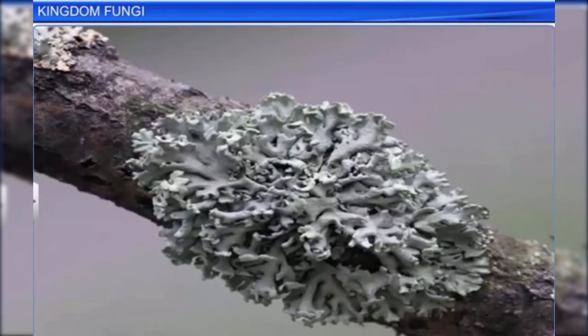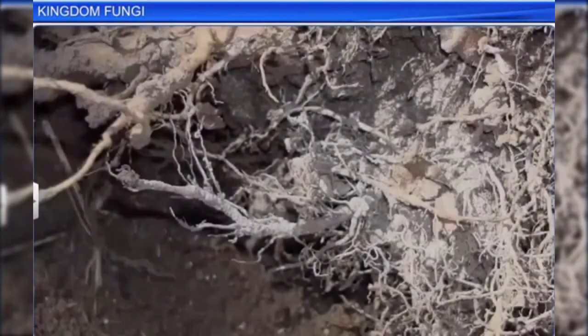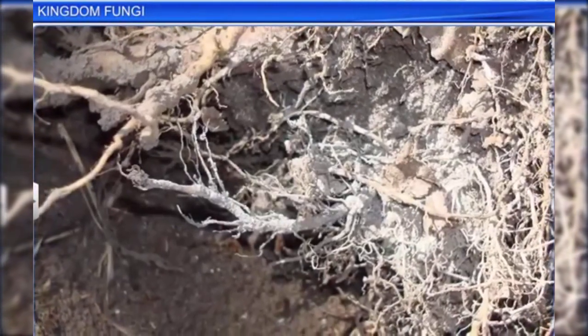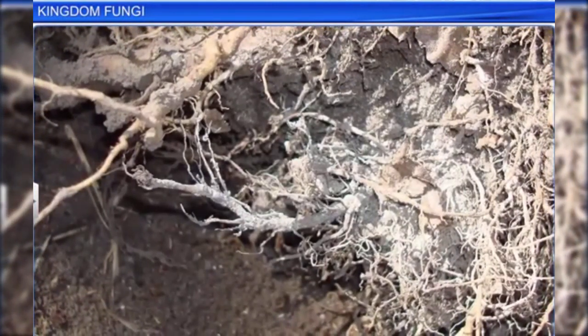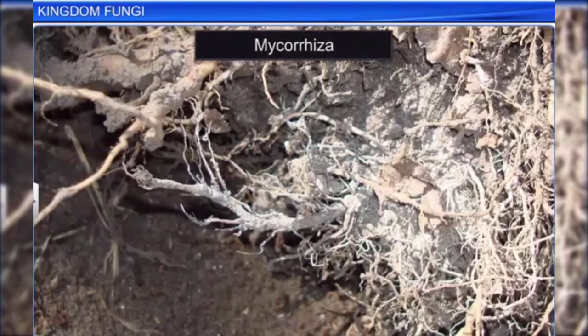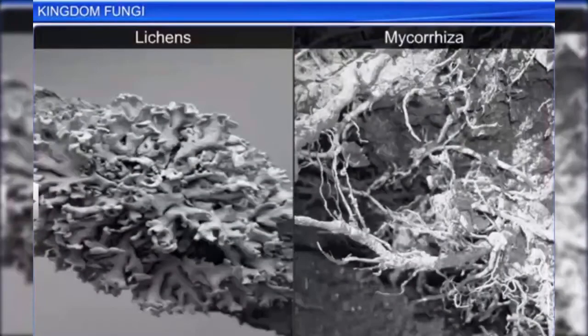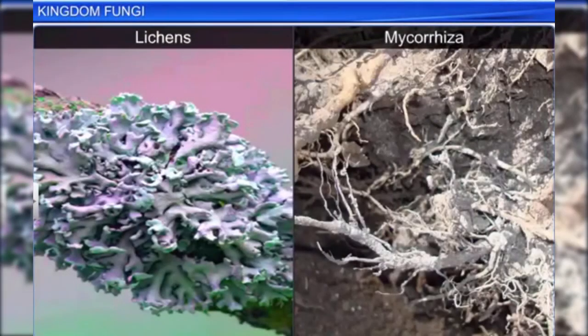For example, fungi associate with algae to form lichens. Other fungi associate with the roots of plants as Mycorrhiza. In both lichens and Mycorrhiza, the relationship shared by fungi with the algae and the plant is called symbiosis.